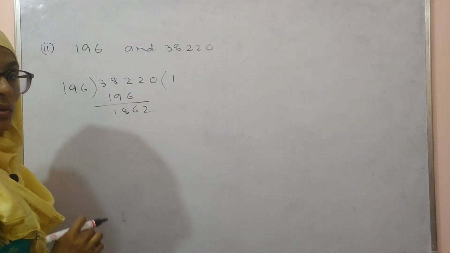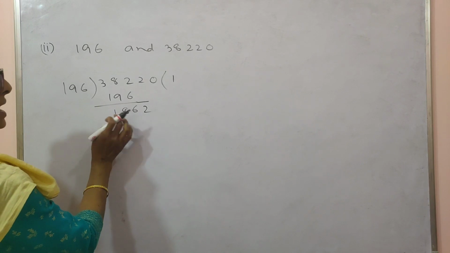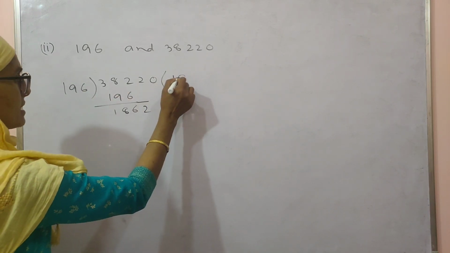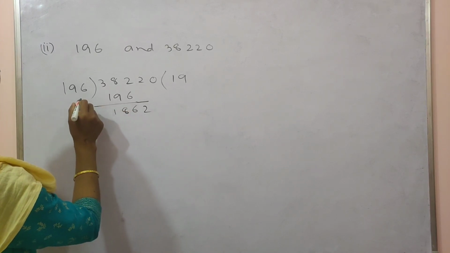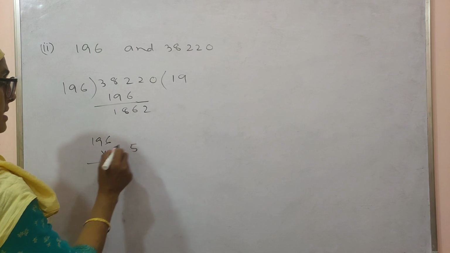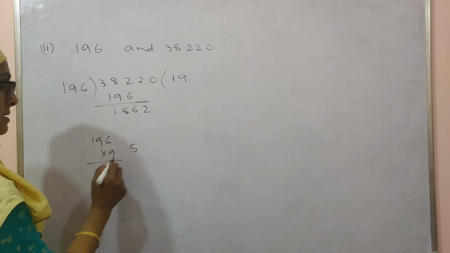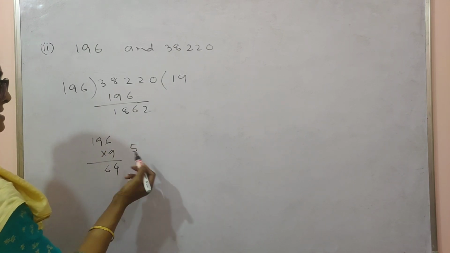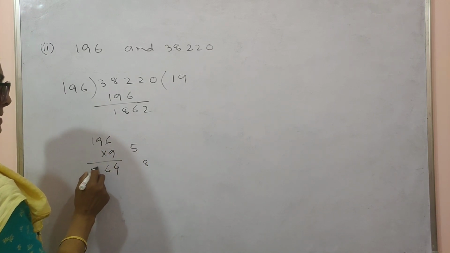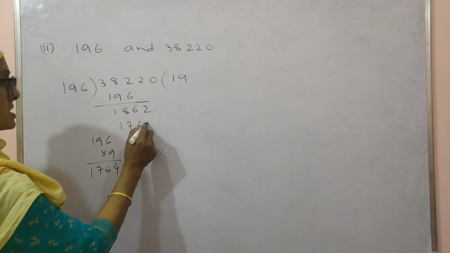Now divide 1862 by 196. How many times? Take 9 times. 9 times 6 is 54, 5 carry. 9 times 9 is 81, and 5 is 86. 9 times 1 is 9, 8, 17, 1764.